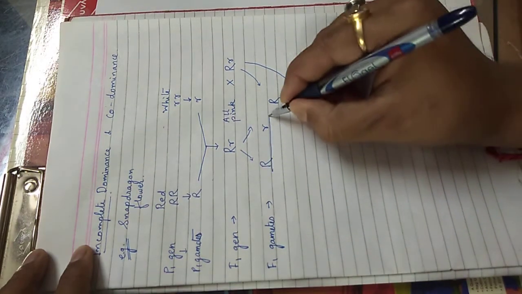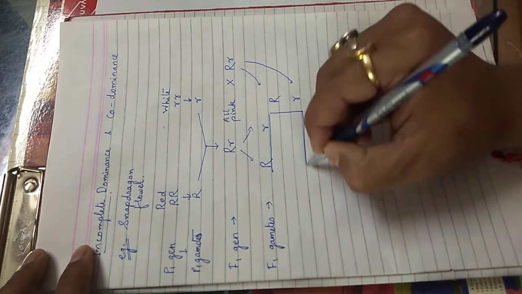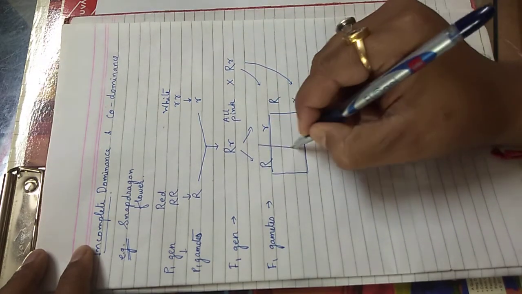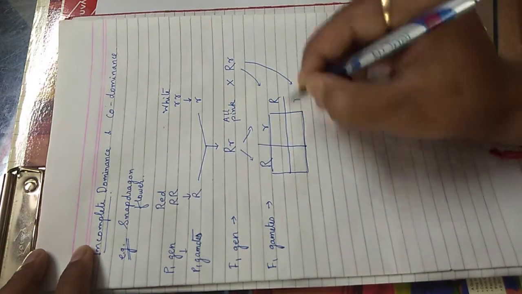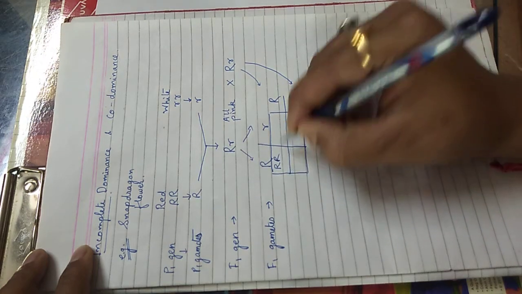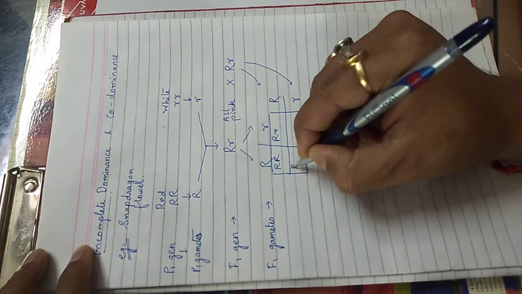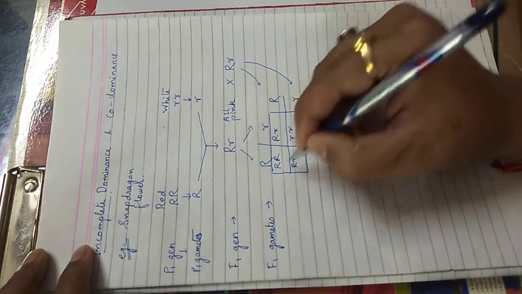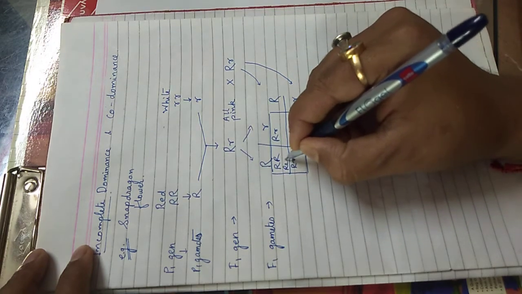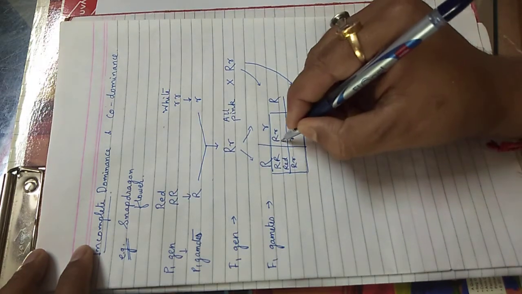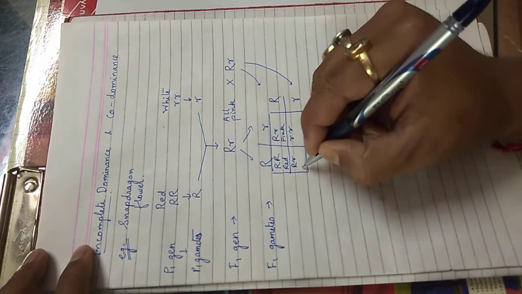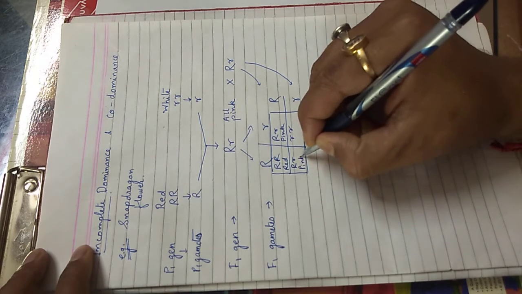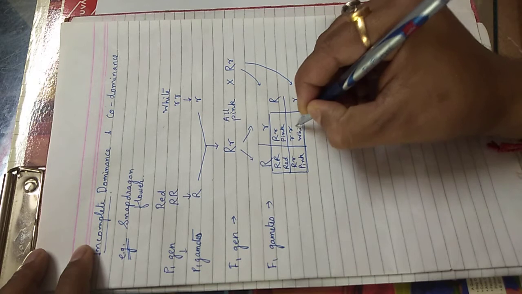If you look at the cross, we get capital R capital R, capital R small r, capital R small r, and small r small r. So this will give us red color flower, this will give us pink color flower, this will give us pink color flower, and this will give us white color flower.